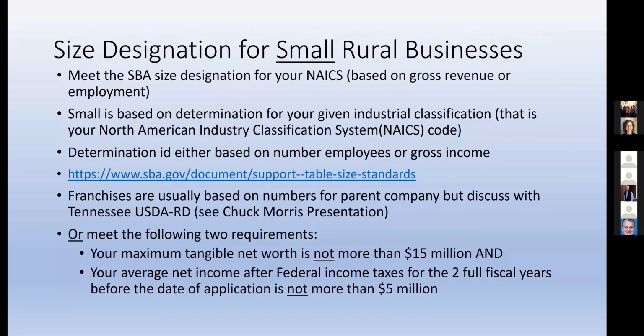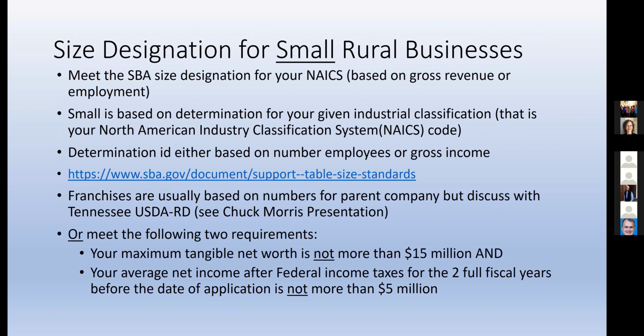Okay, now we're going to talk about size. So, size designation for small rural businesses. You must meet this SBA designation like Chuck said, or down at the bottom, you can meet these other two requirements.